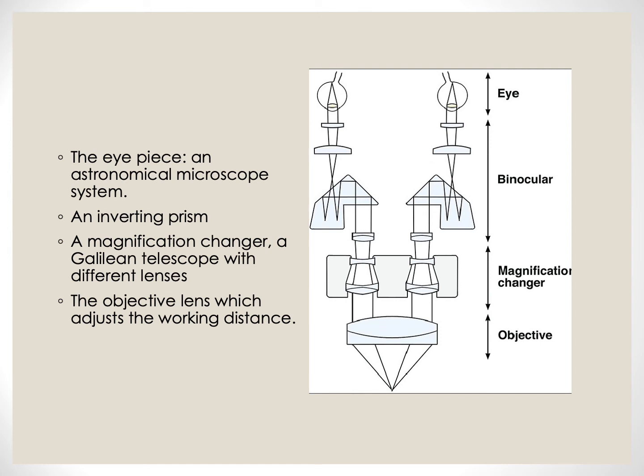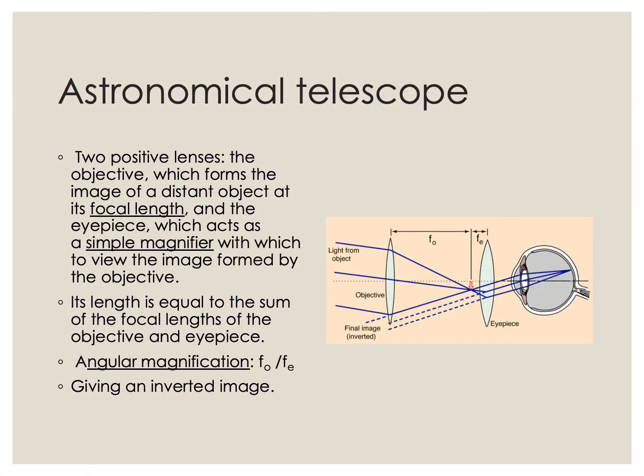First, the eyepiece. The eyepiece actually carries the optical principle of an astronomical telescope. The astronomical telescope is composed of two positive lenses: the objective, which forms the image at its focal length, and the eyepiece, which acts like a simple magnifier with which to view the image formed by the objective lens.